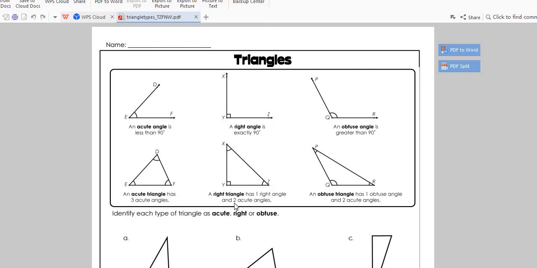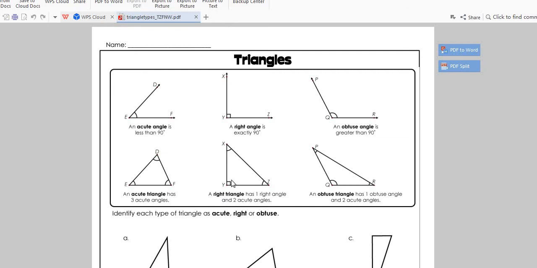This is the condition. If that triangle has one right angle and two acute angles, this is called what? It's the condition that it's called a right triangle.